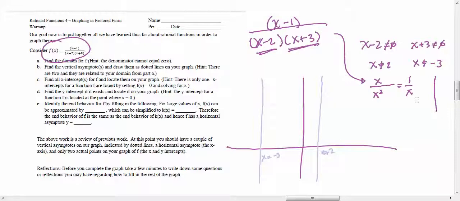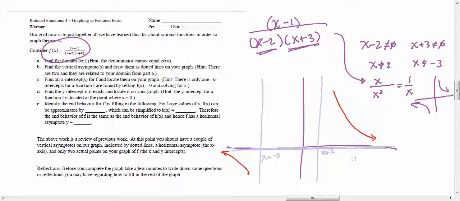I know what the graph of 1 over x looks like, so I know my graph is probably going to look something like this. The horizontal asymptote in this case is y equals 0. This graph gets closer and closer to 0, but it never touches it.